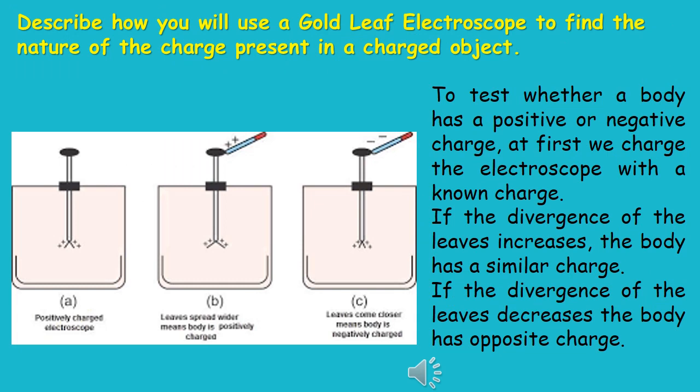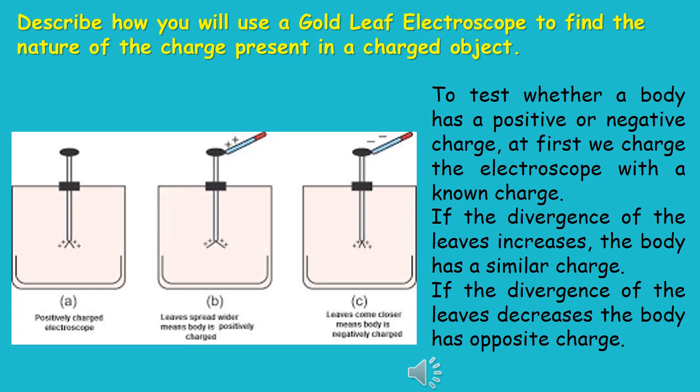Describe how you will use a gold leaf electroscope to find the nature of the charge present in a charged object. Now, to test whether a body has a positive or a negative charge, at first we charge the electroscope with a known charge.